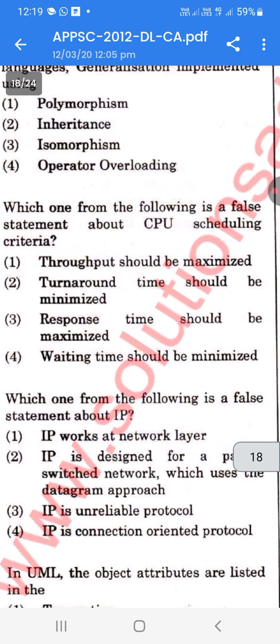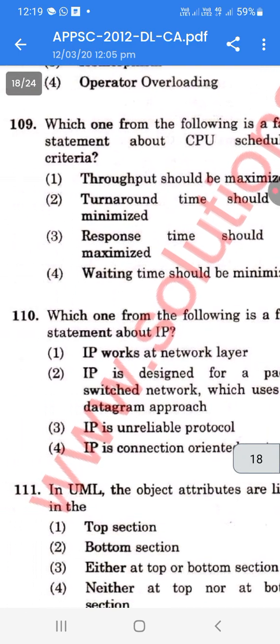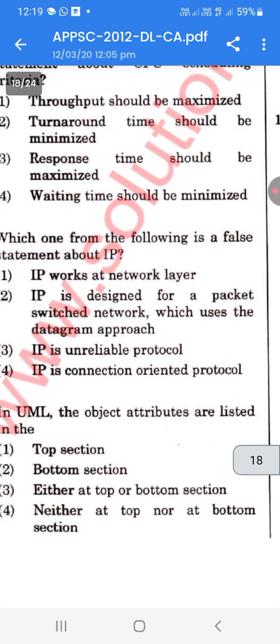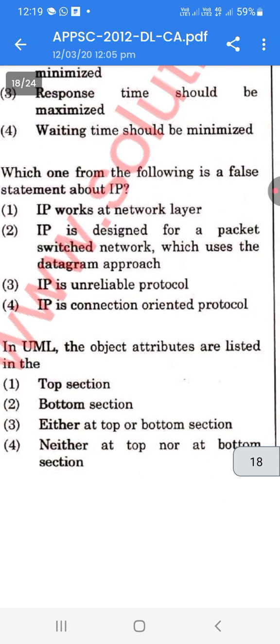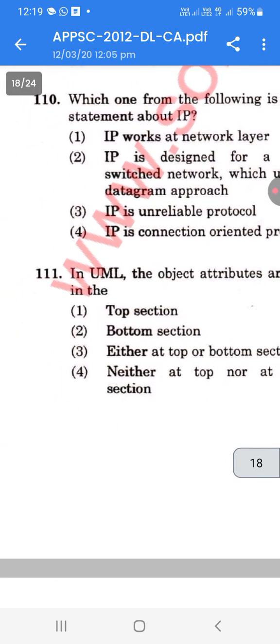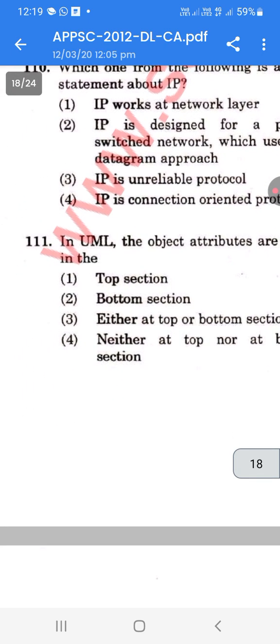Response time should be maximized. Which one from the following is a false statement about IP? 4. IP is connection oriented protocol. Fourth one is false. In UML, the attributes are listed in the bottom section.